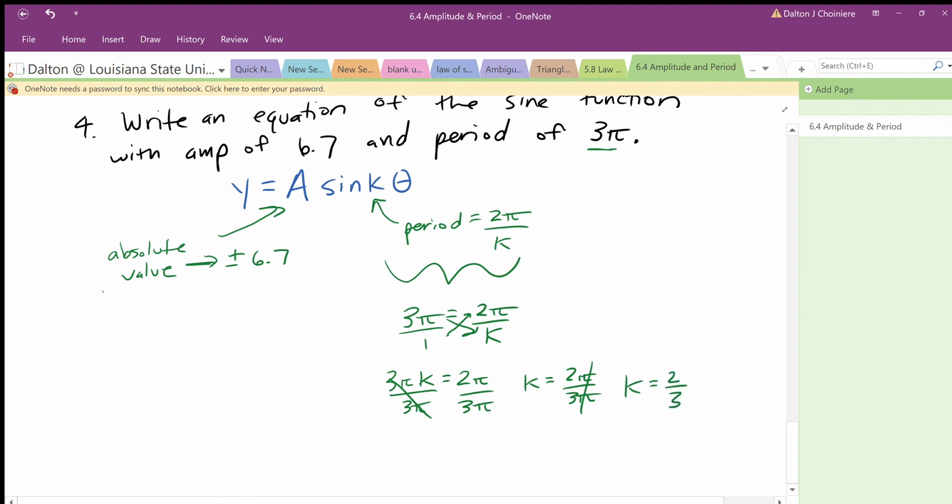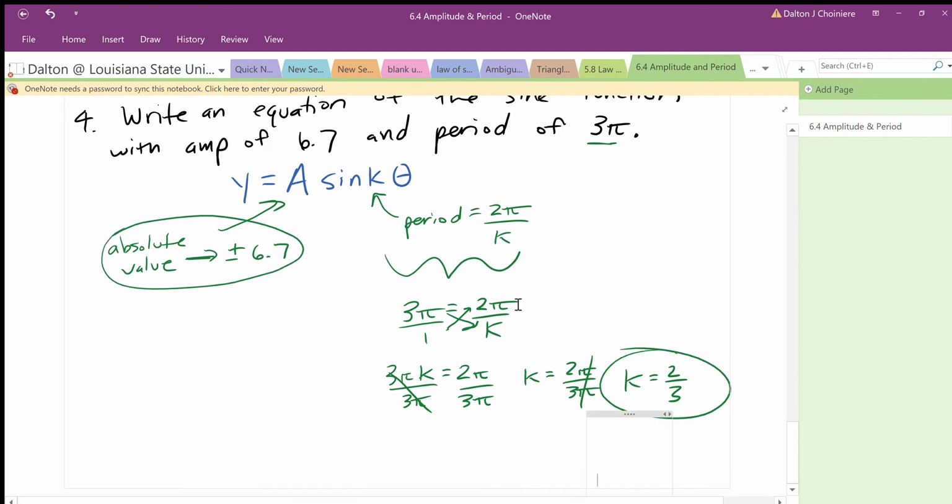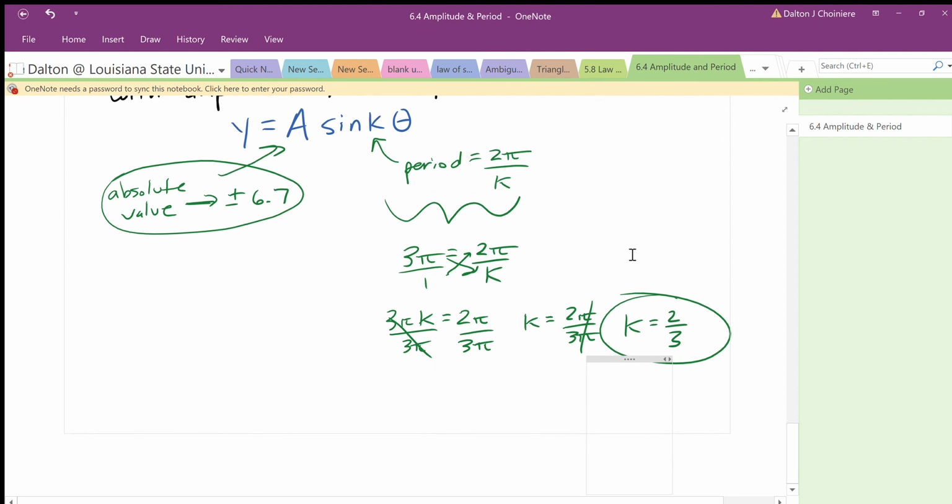So I already have my amplitude over here. I now have my k based on what we know about the period. So then we can say that our final answer would be y equals plus or minus 6.7, rather than writing two different functions, times the sine of 2/3 theta.